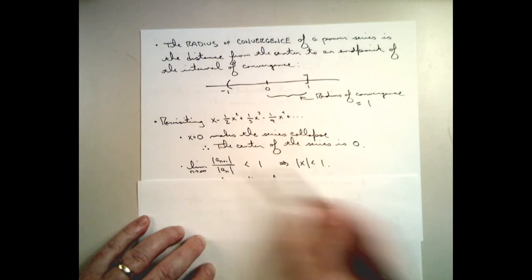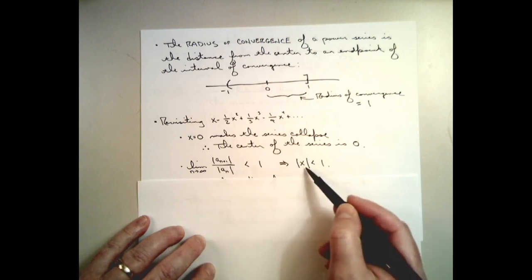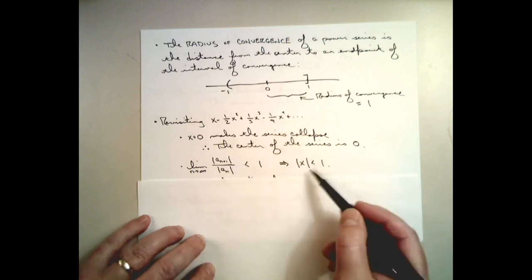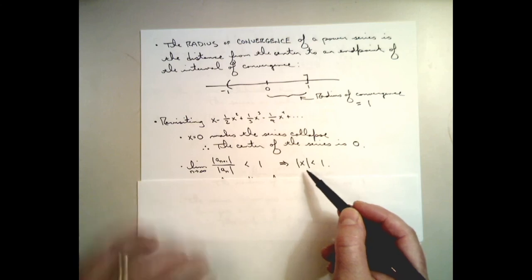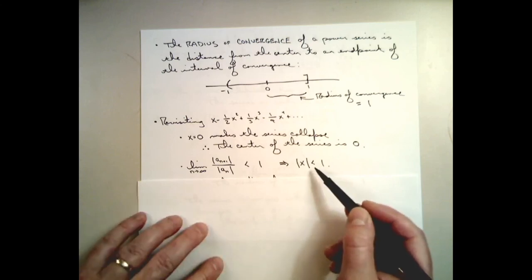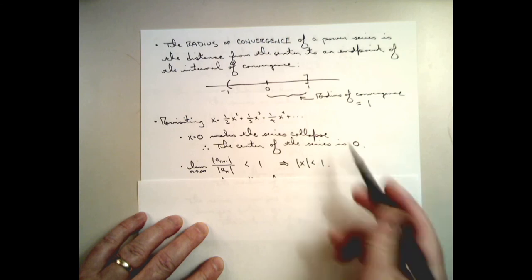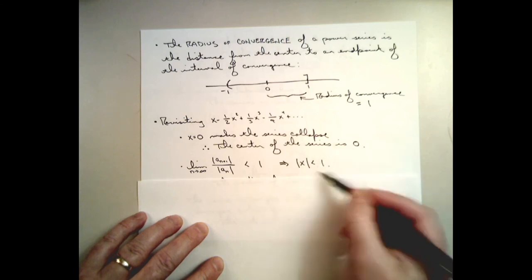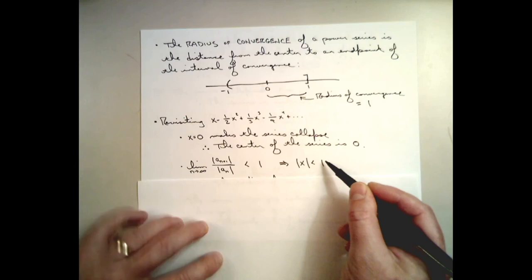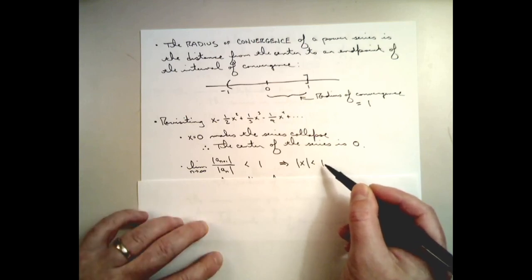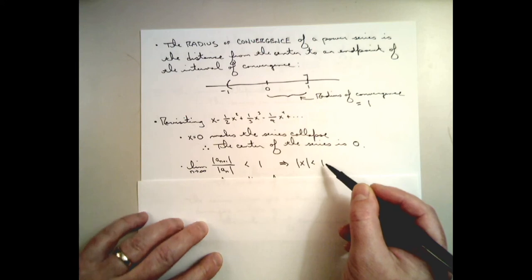We showed that this is equal to the absolute value of x in this particular instance. And so we knew that the series was going to converge whenever the absolute value of x was less than 1. Well, actually, we could have decided right then and there that 1 is the radius of convergence.